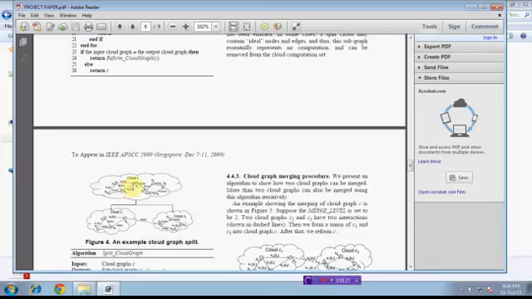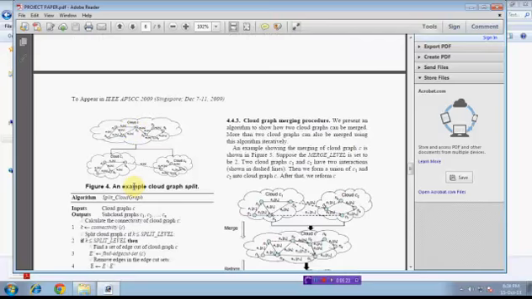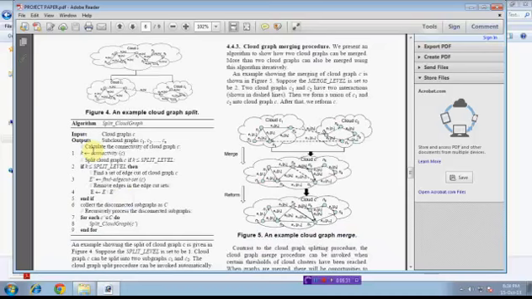So here we use the edge-cut algorithm to find the solution for the split graph. Look here. First, you give the input of the cloud graph. The cloud graph is split into subgraphs, that is C1, C2. That is n connectivity.